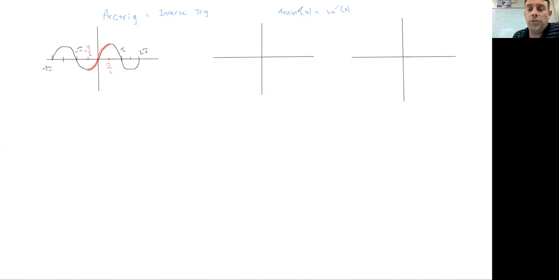Let's keep going through cosine here. Remember what's going on with cosine. Cosine goes down and then up. These are the graphs of sine and cosine.